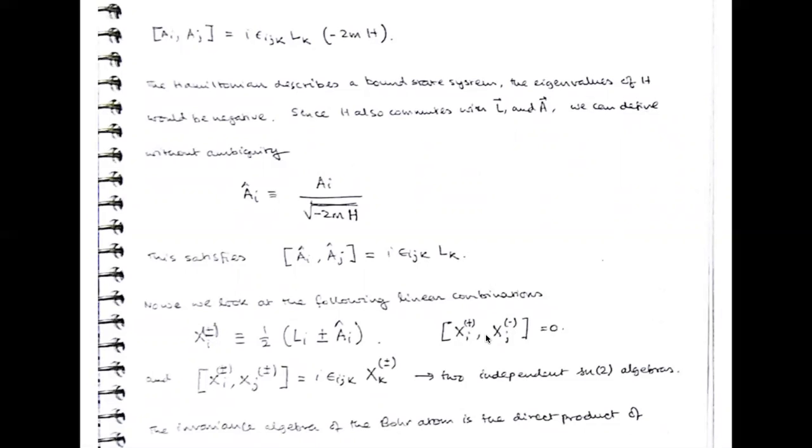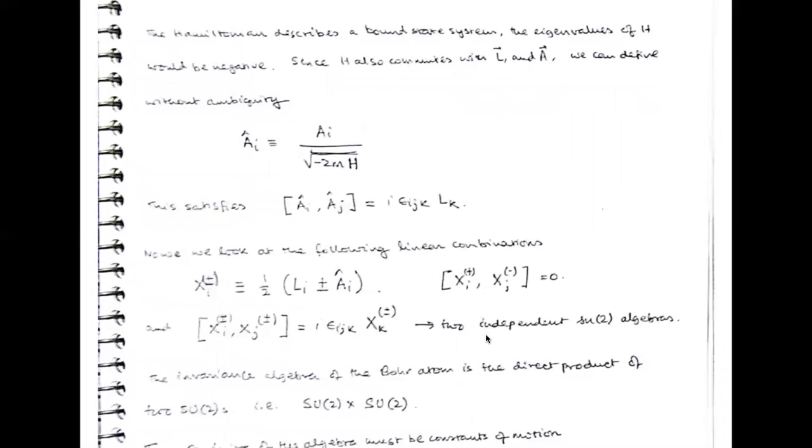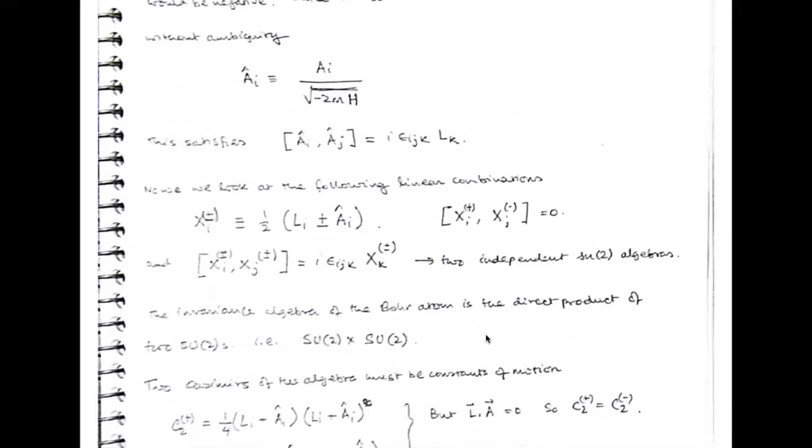But x plus and x minus independently also generate SU2 Lie algebras, right? So these form two independent SU2 Lie algebras. And the invariance algebra of the Bohr atom thus becomes a direct product of these two SU2s.